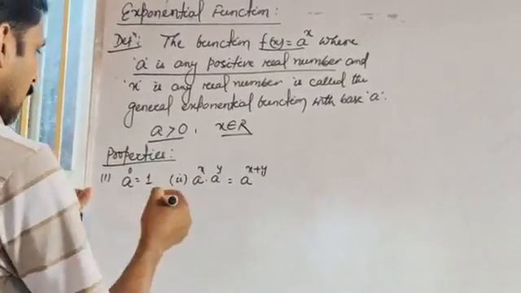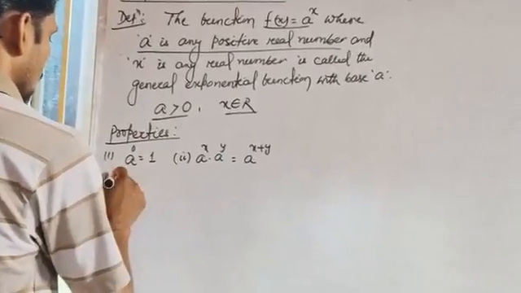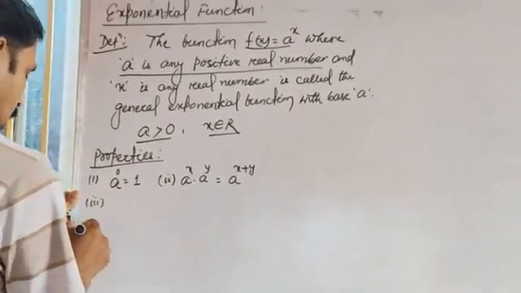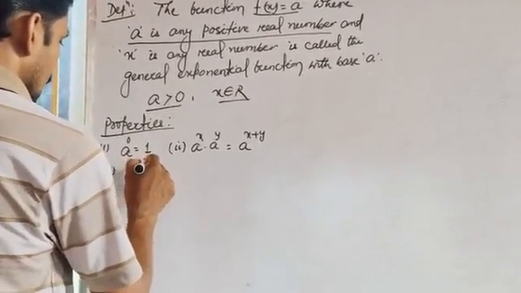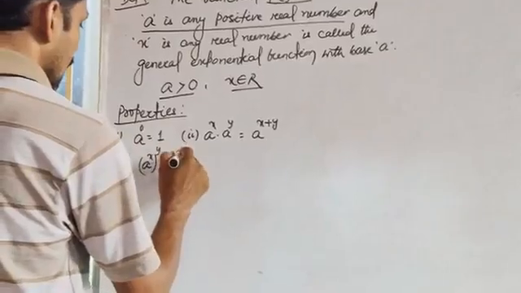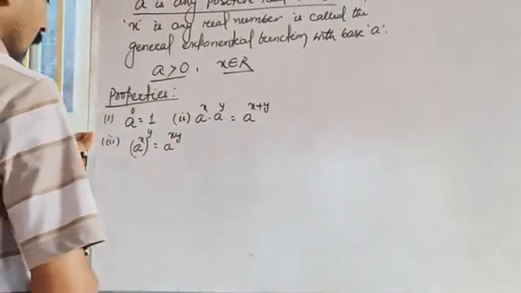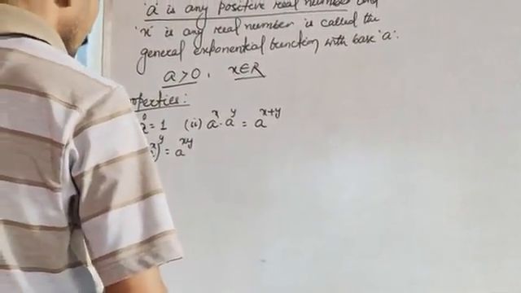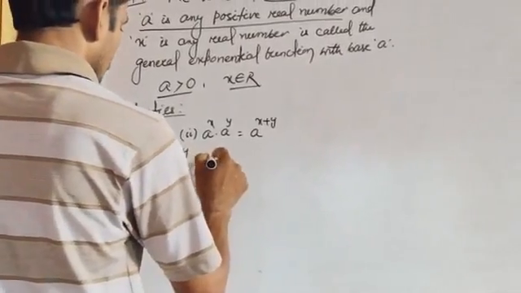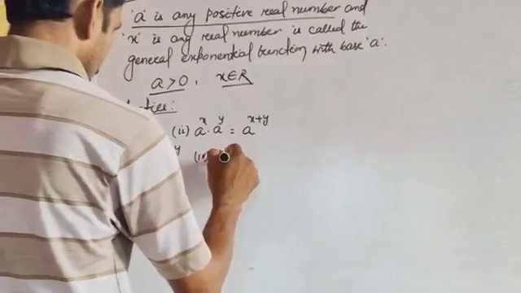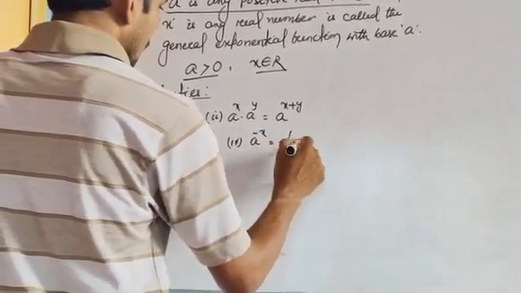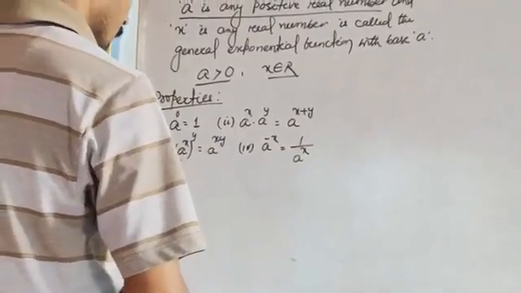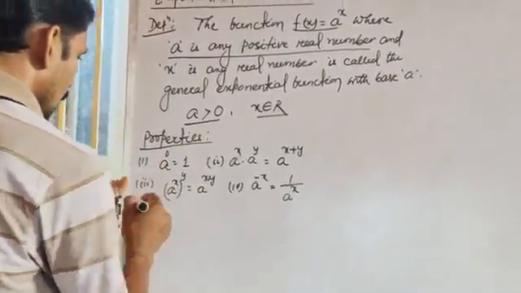This is the law of exponents. Then third is a to the power x, whole to the power y, equal to a to the power xy. Then a to the power minus x equal to 1 by a to the power x.